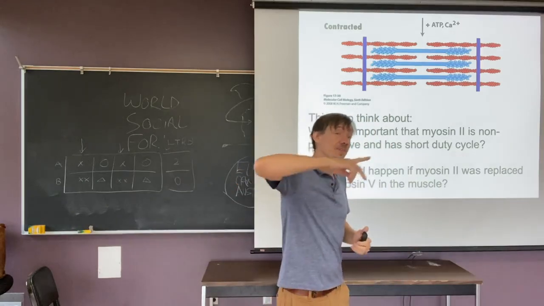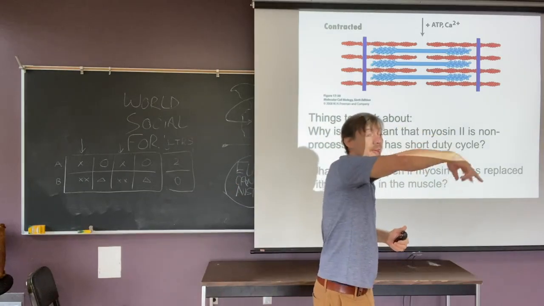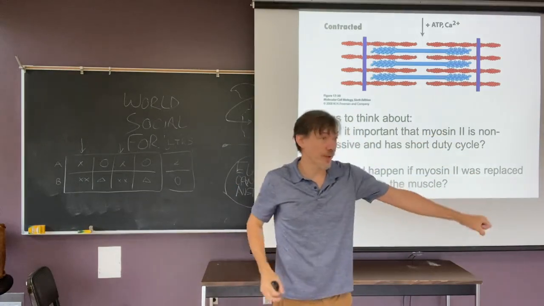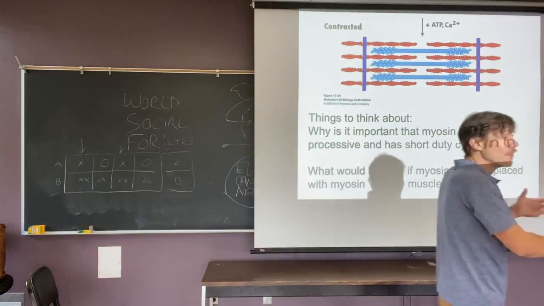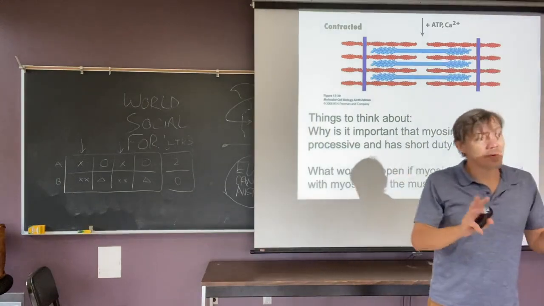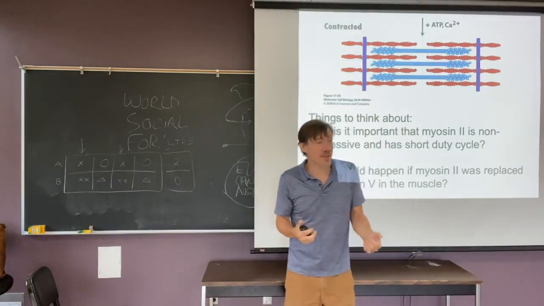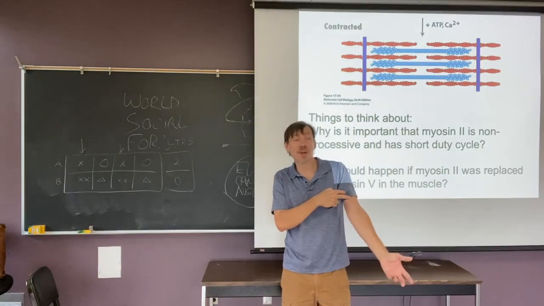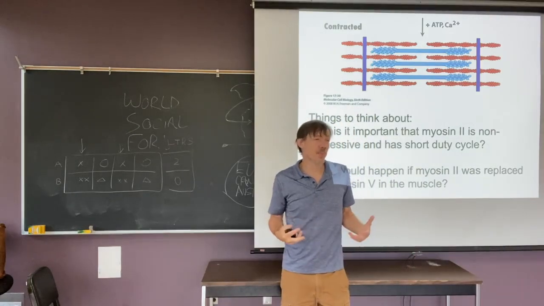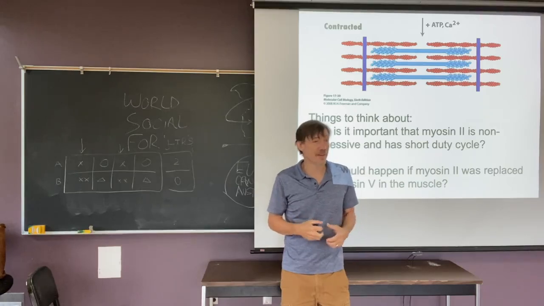Whereas myosin 5 is taking these large steps, and it's processive. It's holding on in between steps and moving forward. With these two ideas, I'll set up the question: if we actually had myosin 5 in our muscles, how would that change the process of muscle contraction?